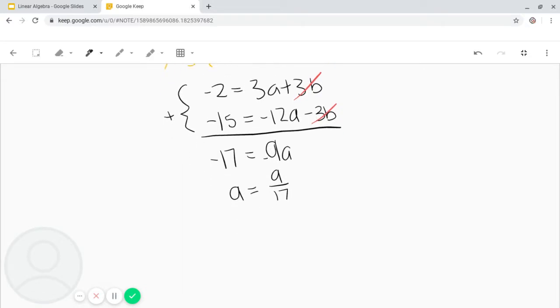And we can plug that back into one of our equations. Let's say we can say the first equation. So we can say negative 2 equals 3 times 9 over 17 plus 3b.